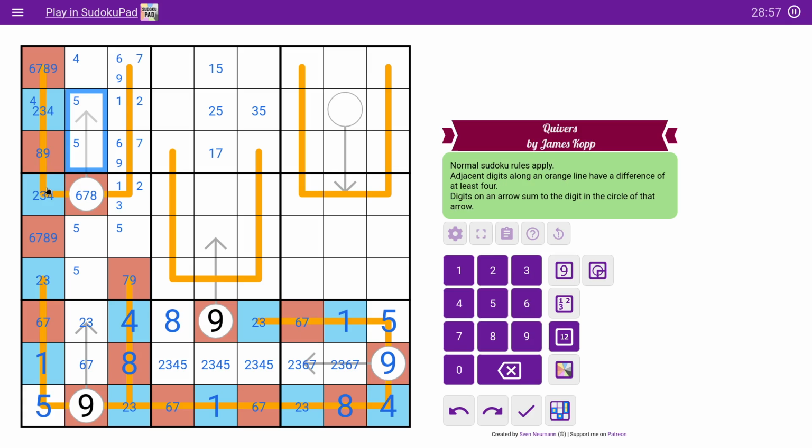If there's no 5 here, this is 1, 7. There can be no 5 here because the 1, 9 would violate the 1, 7. 5 here could be met with 1, 9, low. Six.